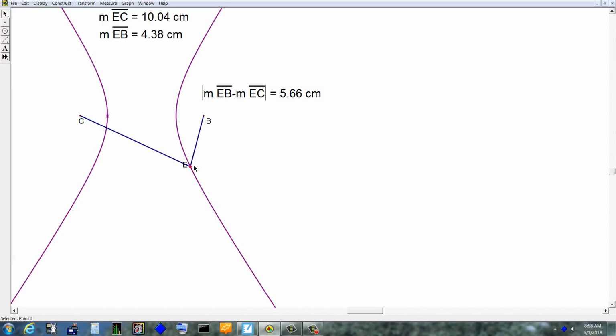Due to rounding, sometimes it comes out a little bit off, but if you take 10.04 minus 4.38, you should get 5.66. Any questions on that? And it goes on forever. Obviously, you can't see it on the screen, but it just goes on with these two pieces.